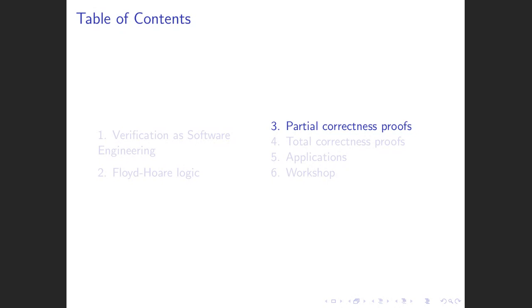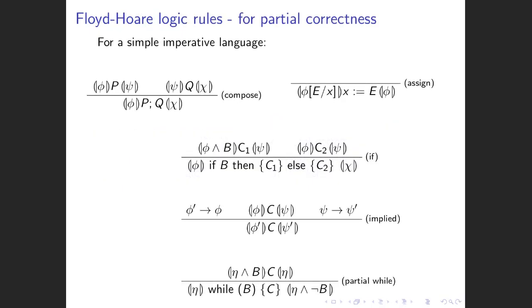Okay, so in the second half, we'll try and get into the details of the actual rules of Floyd-Hoare logic. We've done the concepts, now let's look at the guts of it all. What we have here is a collection of rules which together form a logic.